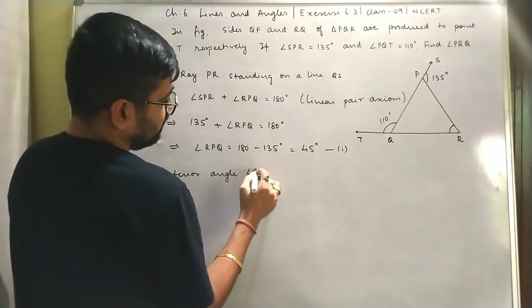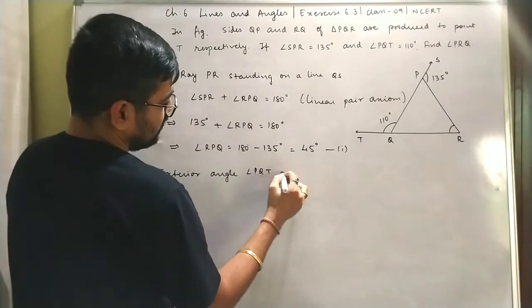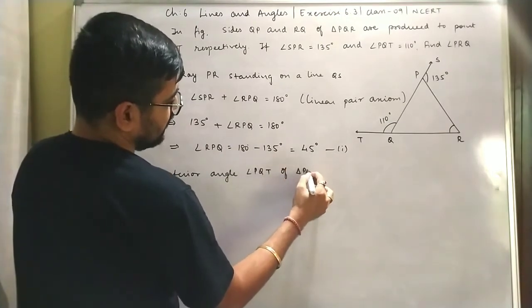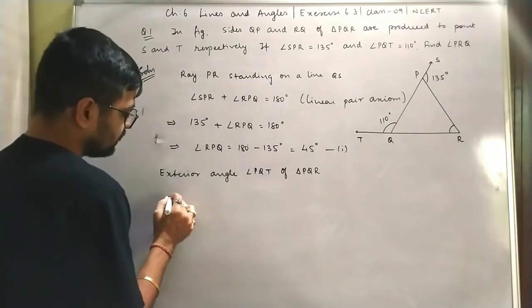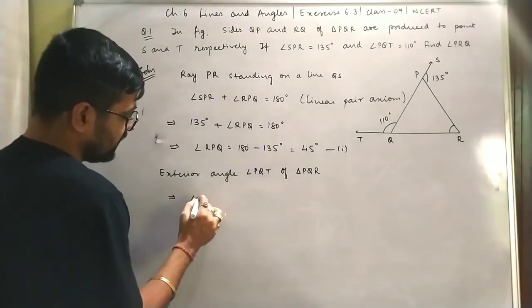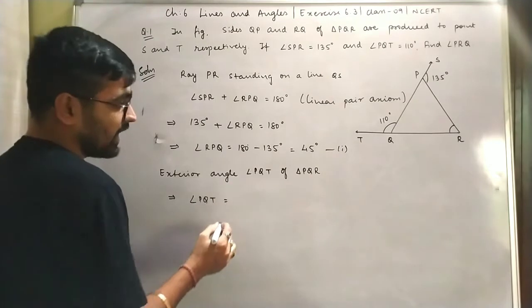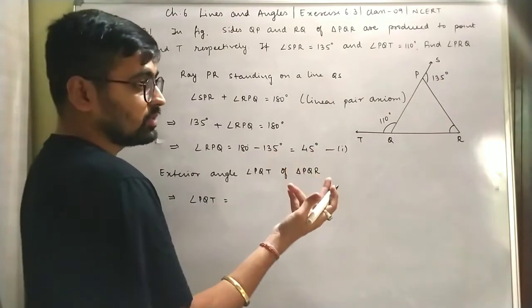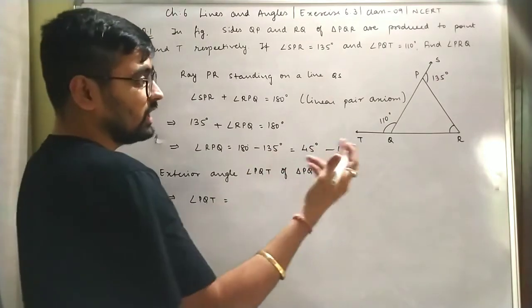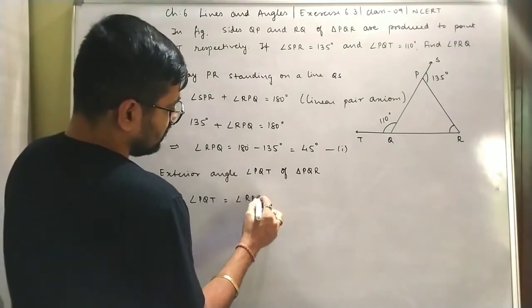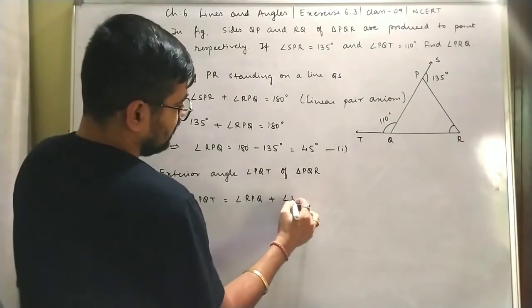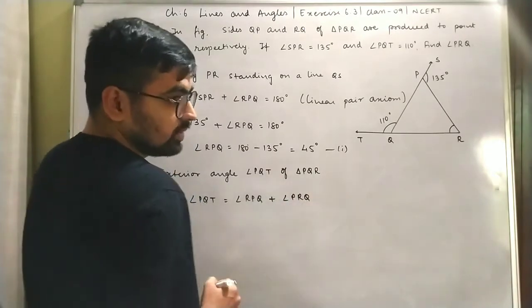Exterior angle PQT of triangle PQR implies, so what do we get for exterior angle PQT? The sum of two interior opposite angles, that is angle RPQ plus angle PRQ, correct.